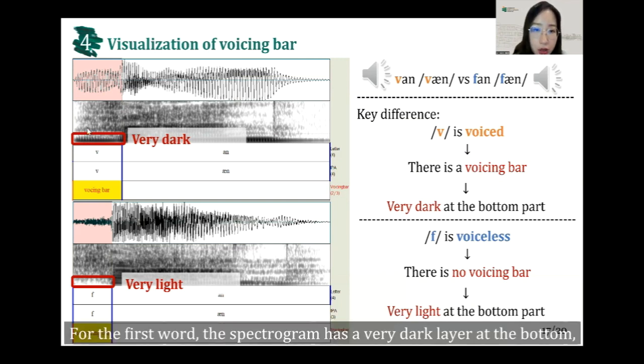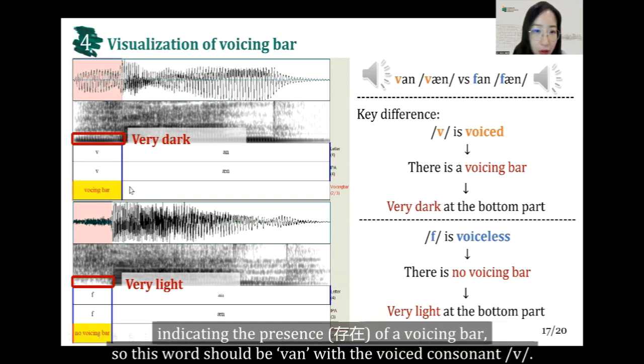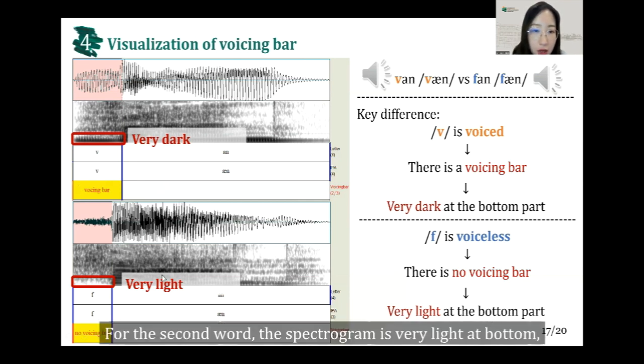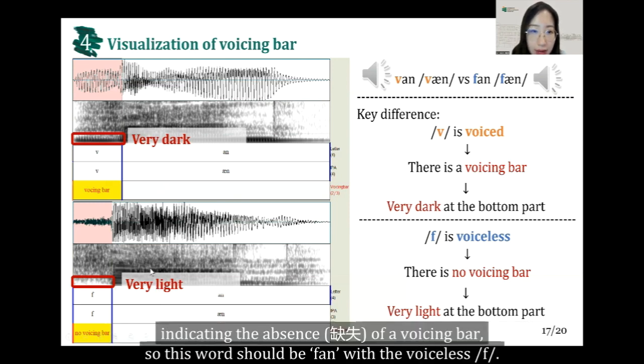For the first word, the spectrogram has a very dark layer at the bottom, indicating the presence of a voicing bar. So this word should be van with the voiced consonant v. For the second word, the spectrogram is very light at the bottom, indicating the absence of a voicing bar. So this word should be fan with a voiceless f.